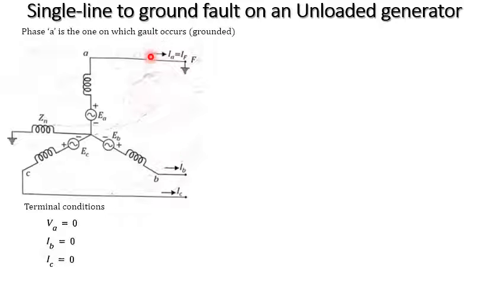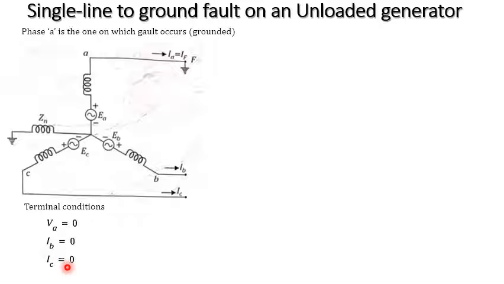It means that if the fault takes place in phase A, the voltage across phase A is 0 and the current in the other two phases will become 0.